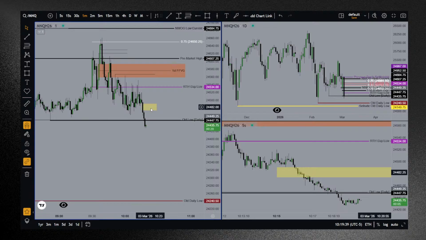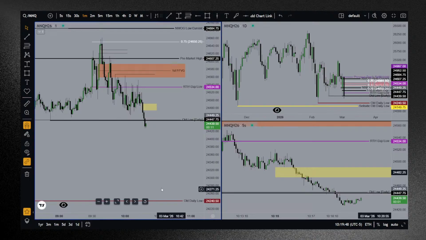If this stays open and we see some measure of displacement below this low, then I would be willing to see a run towards the old daily low.